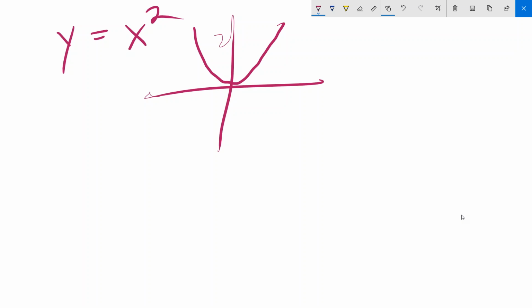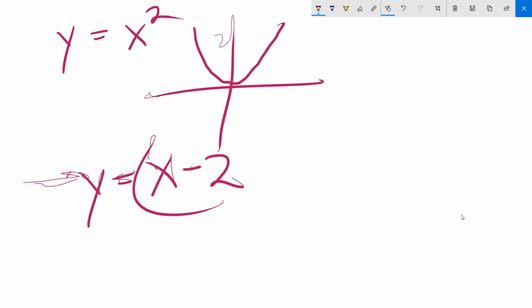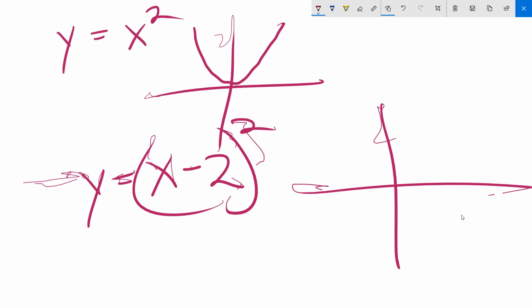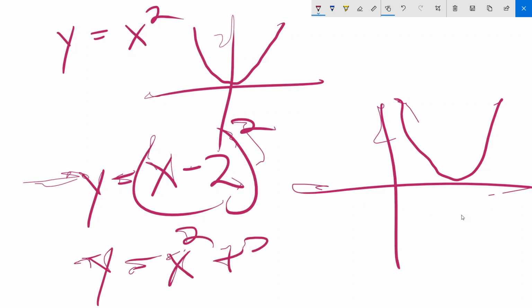Well, they're both quadratics. In other words, if I were to write this, that graph is like that. They're both quadratics. It's just they graph a little differently. And if I were to graph this, it would look like this.